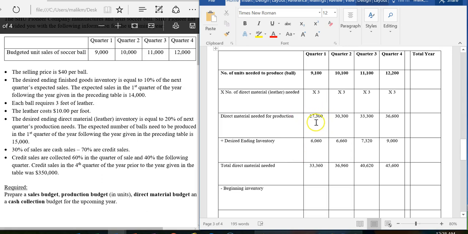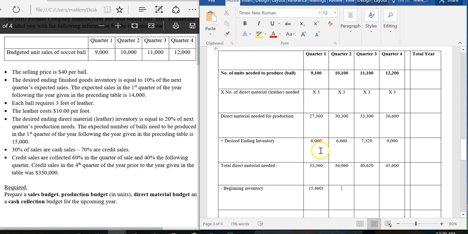If you take 20%, that will be the past quarter's ending inventory, or in another sense, this quarter's beginning inventory. That means take 20% of 27,300, and it will give you the number for the first quarter. Beginning inventory is 5,460.